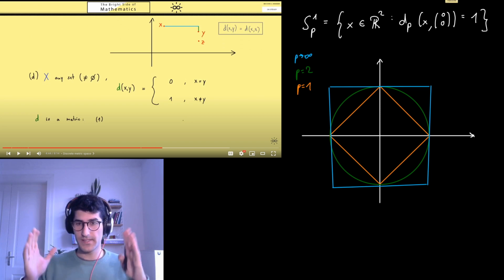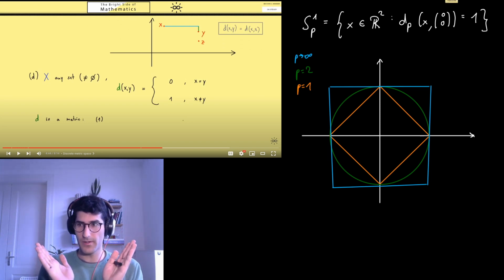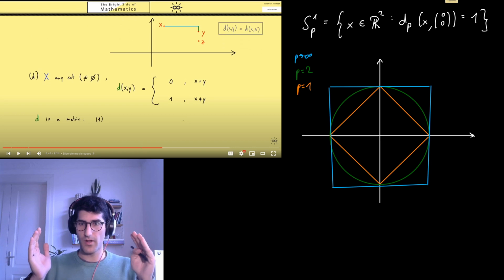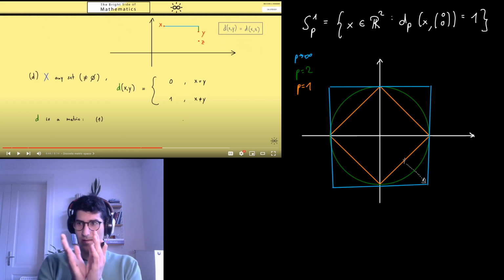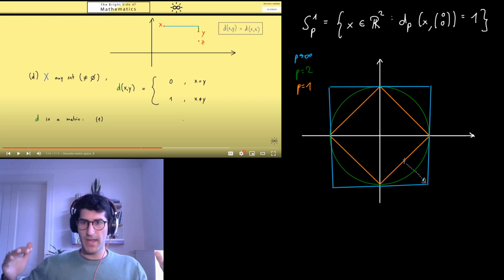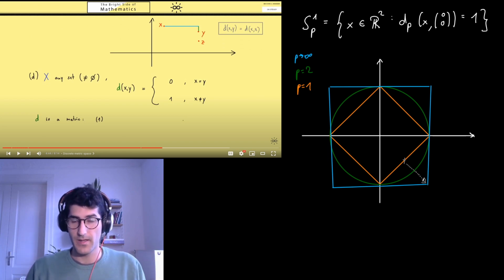So you see that we start out with 1, then we get to a circle, and then the circle gets to a square. If you follow the trajectory here, for example, you follow a point here, then it's like our circle is bending to the outside.